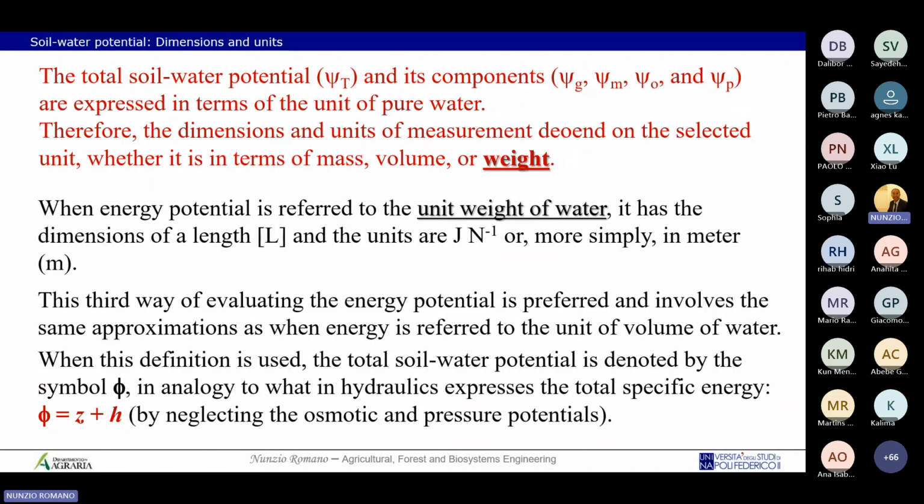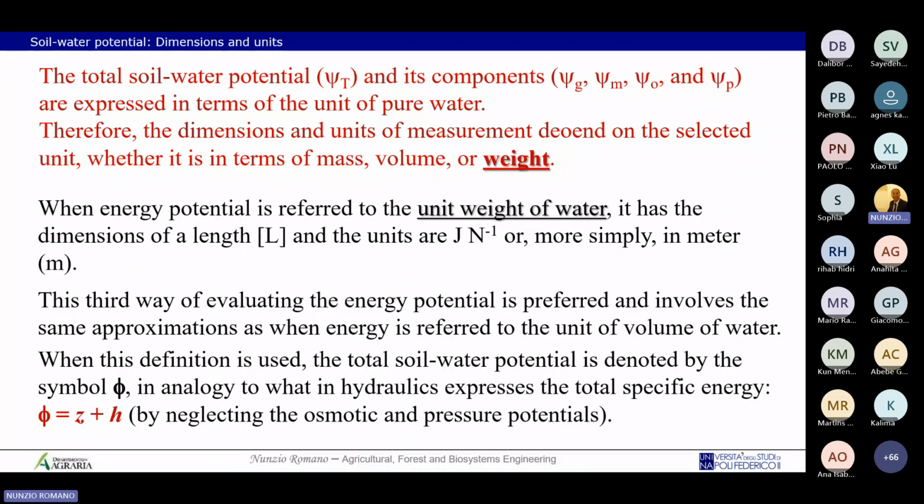So this elevation is nothing more than a measure of the potential energy. And in most of the manuals and textbooks that you find in soil hydrology and soil physics, usually they use the same terms. The phi is the total potential energy in terms of weight of water.